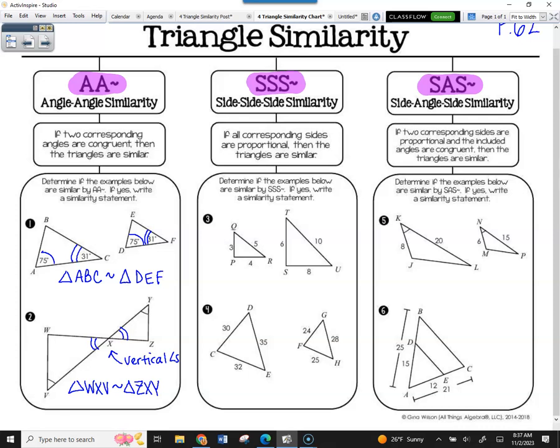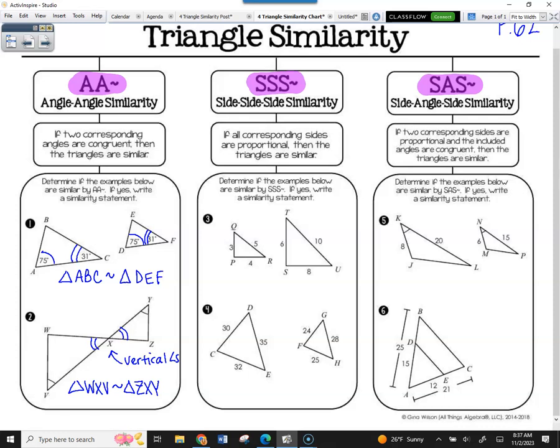Now let's go to side, side, side. Side, side, side is going to require a little bit of math, okay? You're looking to see, do we have the same scale factor between every single pair of sides? So what you have to do is check that. So you do have to check all three sides and all three sides.